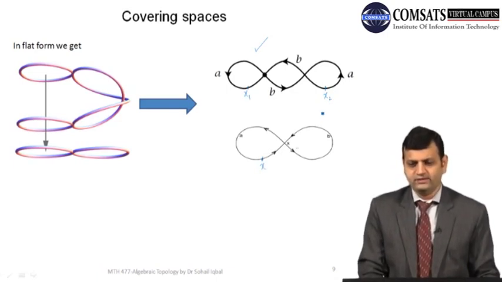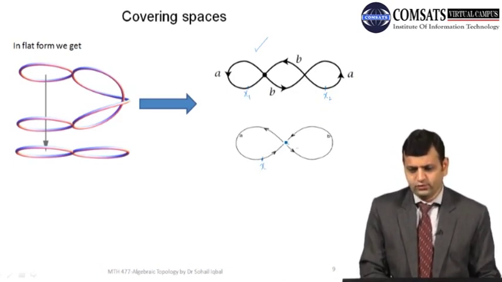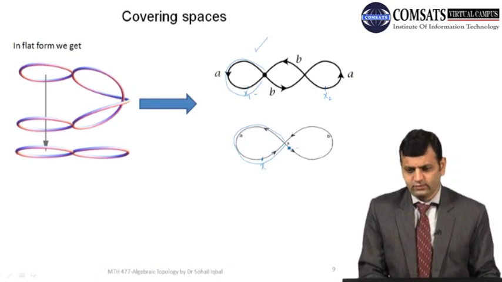Why is that? Because when we move along A, then in our covering space we are moving along this A, so that's fine. And when we move along B, this whole B, then we are moving along this B. So that's one cover of this space.